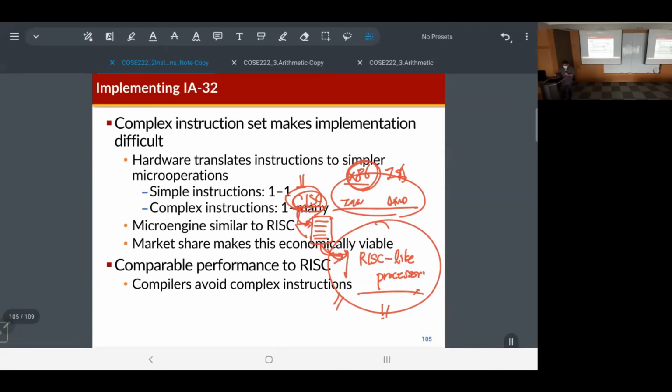So we can compare RISC type computers and CISC type computers: RISC is simpler and CISC is more complex. But recently, most processors have RISC-like architectures. It's very interesting.